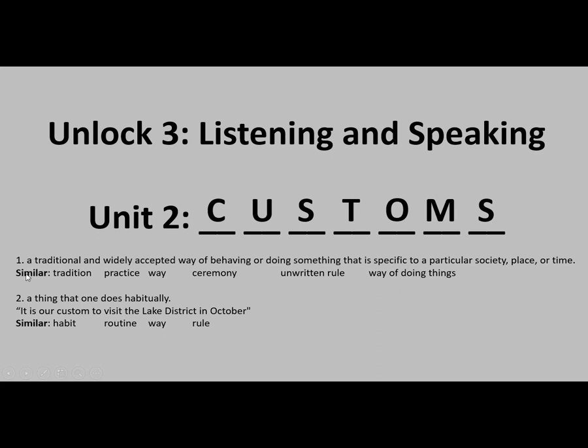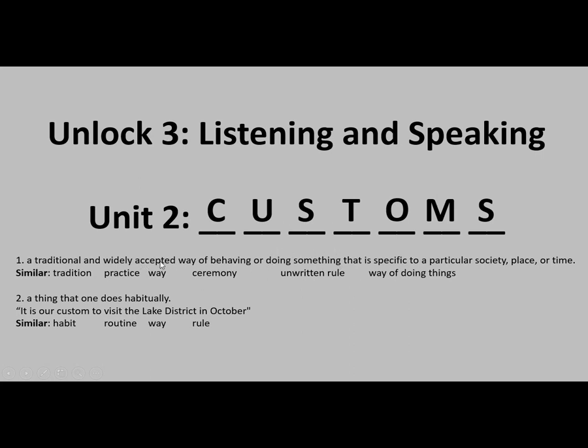What are customs? If you check Google, Google will give you these two definitions for customs. So customs are a traditional and widely accepted way of behaving. So customs are ways of behaving or ways of doing something. For example, how do you eat at the table? What do you do when you see your uncle?